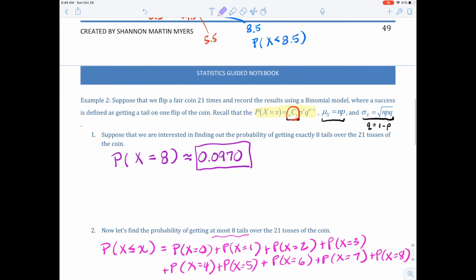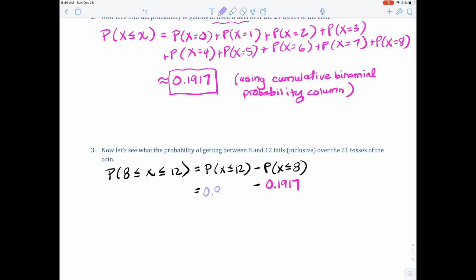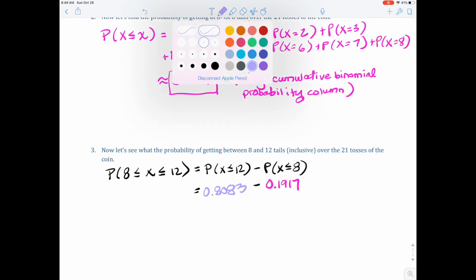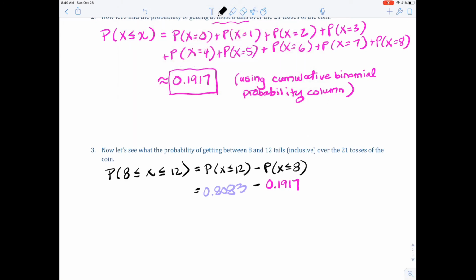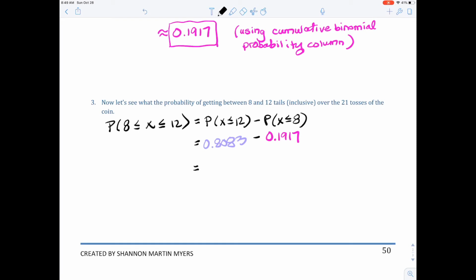So 0.8083, and now if we find the difference between those, let's see what we get. I'm tired, so I'm going to go ahead and do it on the calculator. All right, so doing it on the calculator, I got 0.6166.